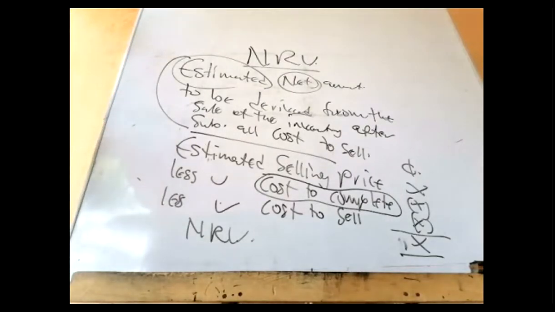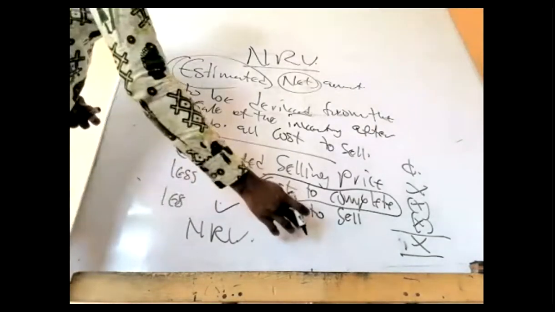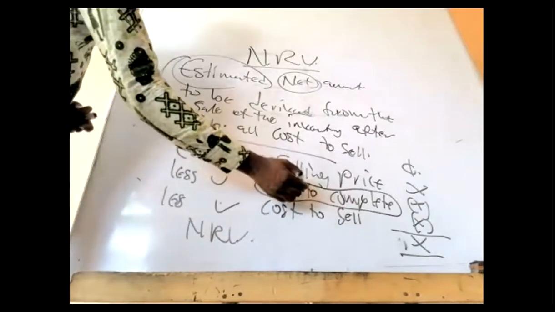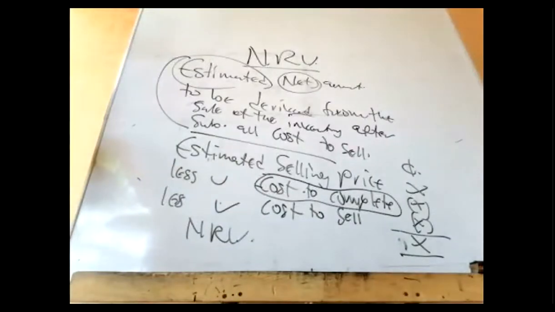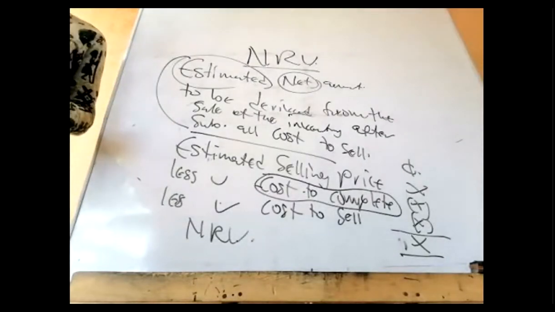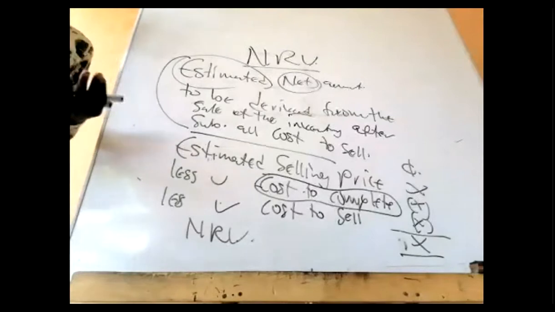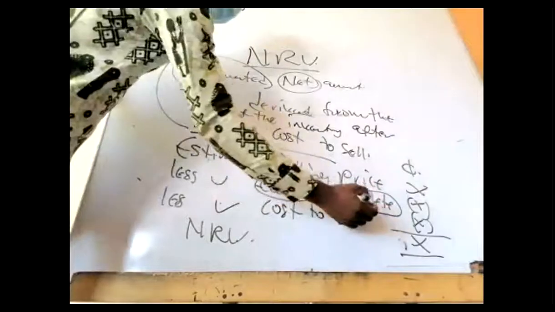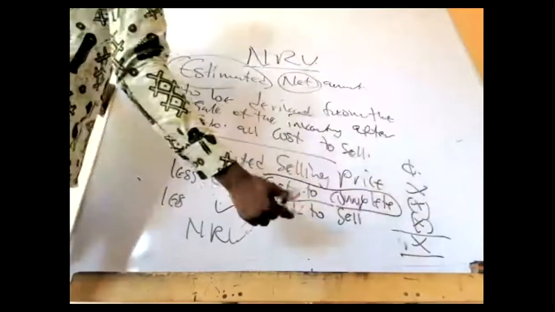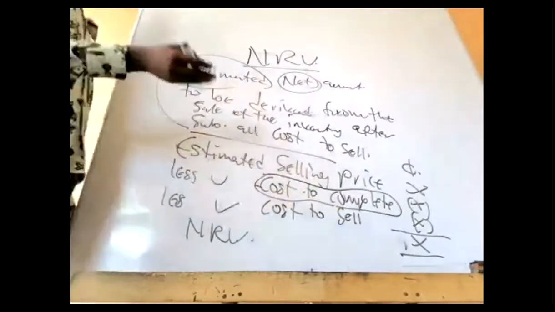I'll explain further. Then the cost to sell. This cost to complete is just a modification. Sometimes you modify the product before you sell it, changing the package, the art and the color, adding a little something. It does not mean that you're not done with the product. The product is already completed, but before you can complete the sale, this is the cost to complete the sale, not the cost to complete the product.